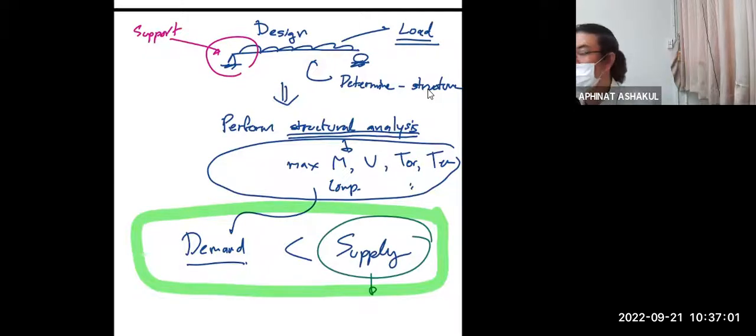Ajahn Chulapot always gives you the number, right? The bending stress should not exceed this. The shear stress should not exceed that. That is the supply. But in the future, nobody is going to tell you the supply anymore, which means that you're going to need to be able to figure the supply yourself.